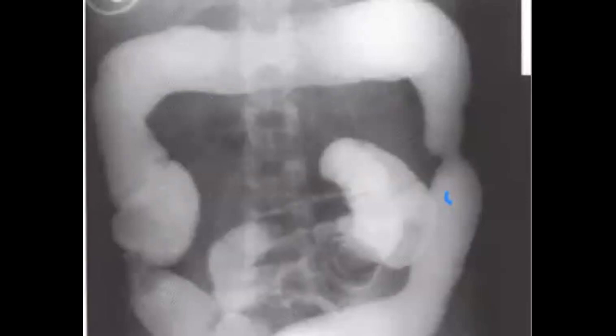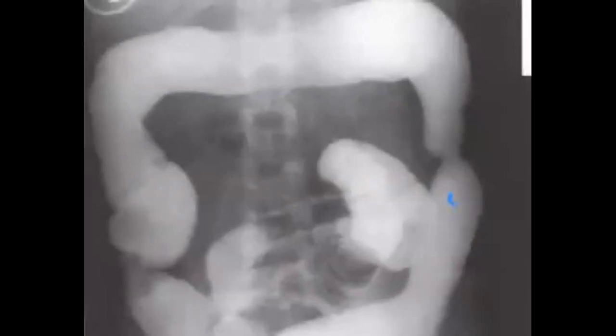This patient might have a clinical picture giving you a characteristic picture of lead pipe bowel with loss of haustrations, and usually it affects the rectum. We are talking about ulcerative colitis.